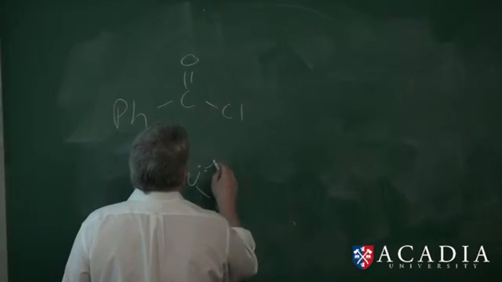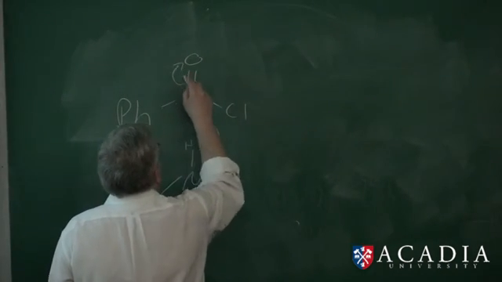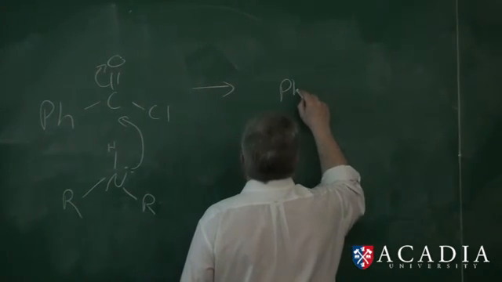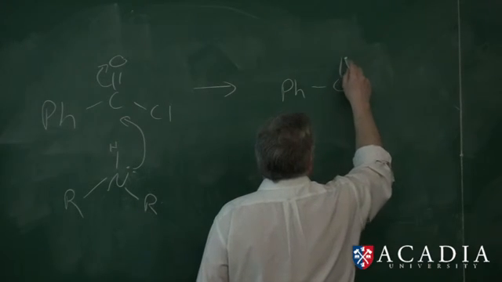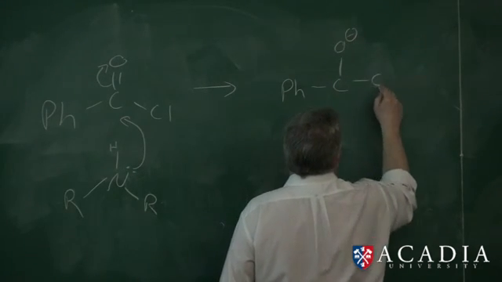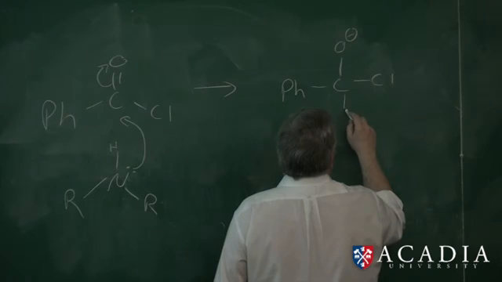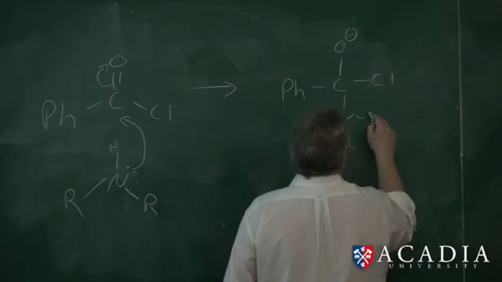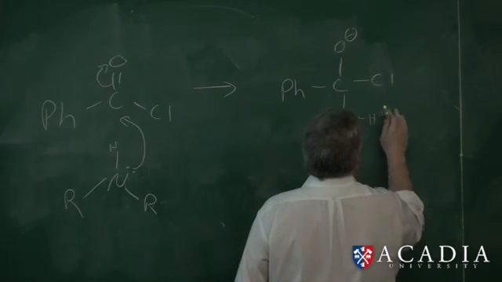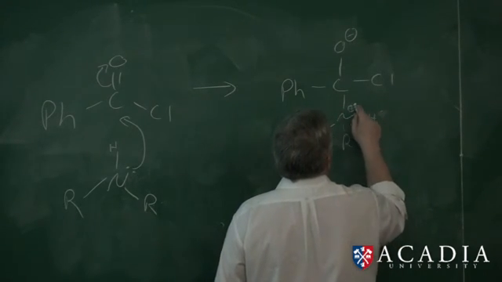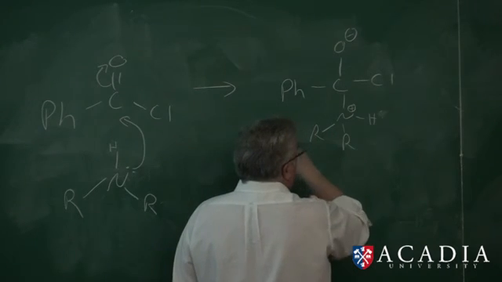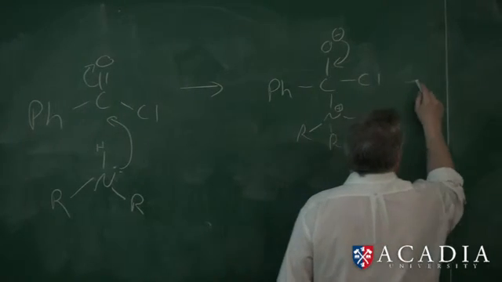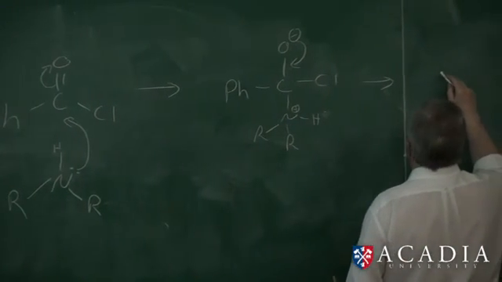We can attack the carbonyl compound, and when we do, we'll get this zwitterionic species. And this can go backwards or it can go forwards. When it goes forwards, we get this thing.